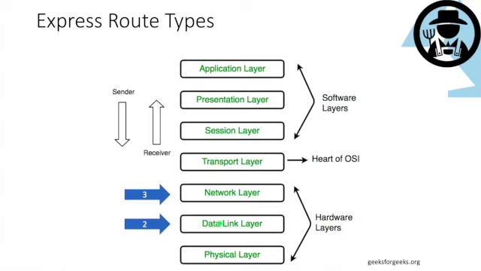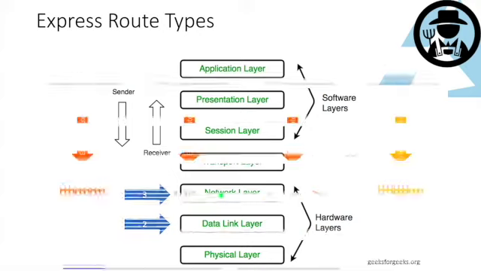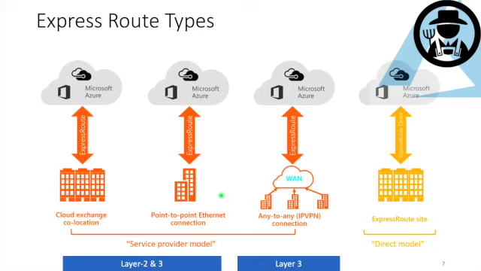This is not a networking session. If you'd like a detailed look at it, I would recommend you look up the OSI 7 layers online on Google and have a read about it. But as the name signifies, the data link layer and the network layer are the layers we are going to talk about here.